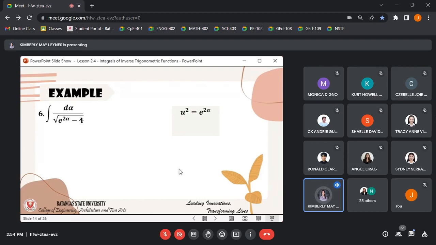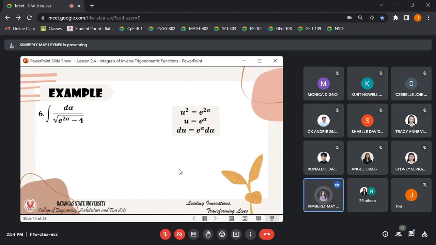Square root po ni u squared ay u, ni e raised to 2 alpha ay e raised to alpha na lang po. Ang derivative naman po nito, syempre, derivative ng e raised to u will be e raised to u, tapos mamumultiply siya dun sa derivative ni u, which is 1 pa din. So, e raised to alpha d alpha yung derivative niya.